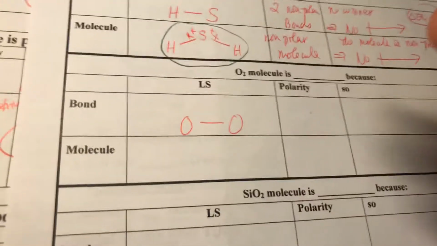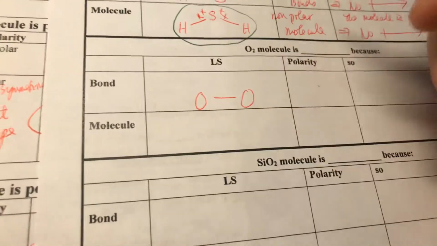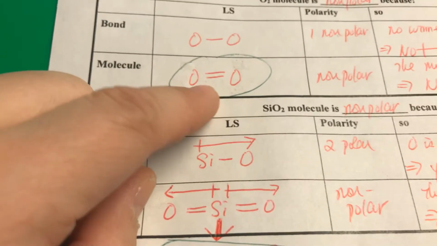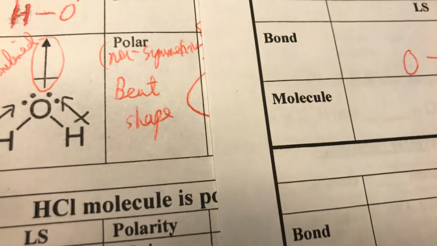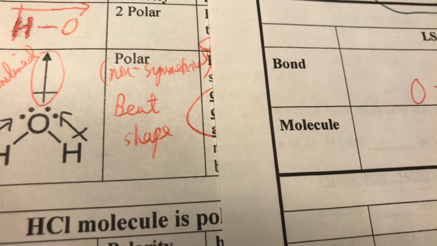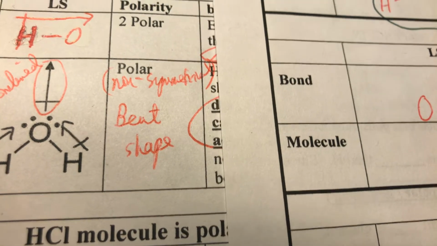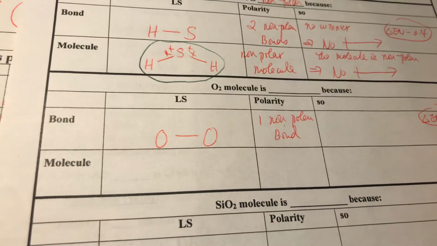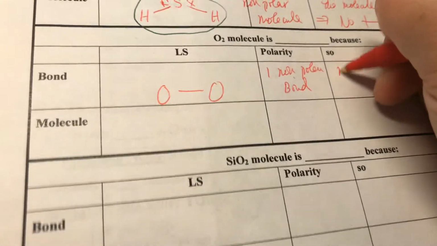So that means I don't need to draw dipoles. So then, how many bonds here? If you draw the Lewis structure, I only have one bond. So I would write one non-polar bond. Okay, so then I would say no winner.